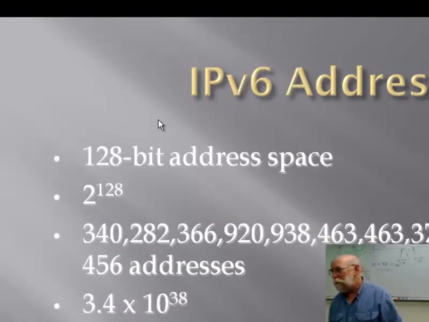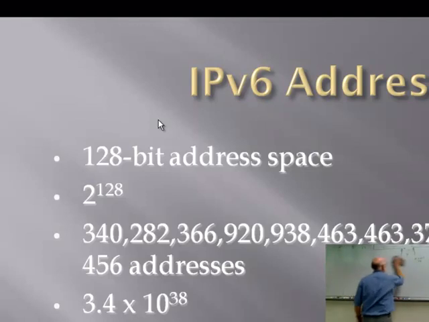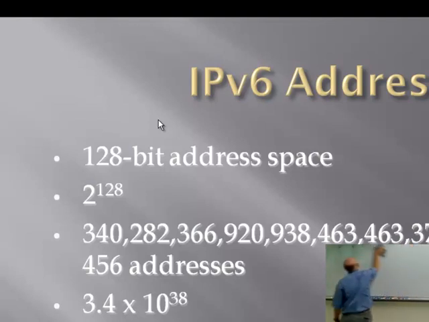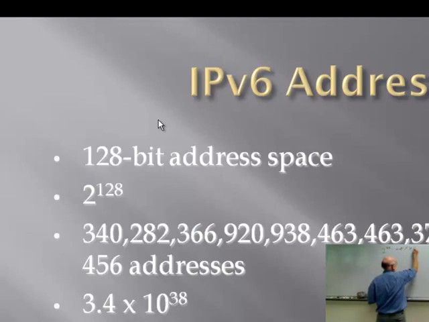Okay, so IP version 4 uses 32 bits, which gives you 2 to the 32 potential IP version 4 addresses. And if you know anything about IP version 4, you know that we don't have that many usable addresses. We have whole blocks of them that aren't used, especially Class E, and probably a lot of Class D addresses aren't being used. But at any rate, 2 to the 32 is approximately 4.3 times 10 to the 9th, which is 4.3 billion addresses.